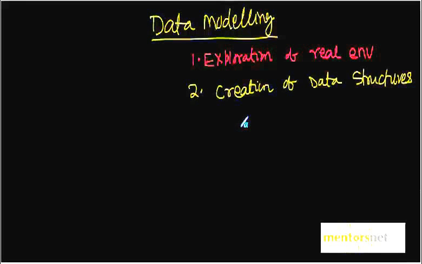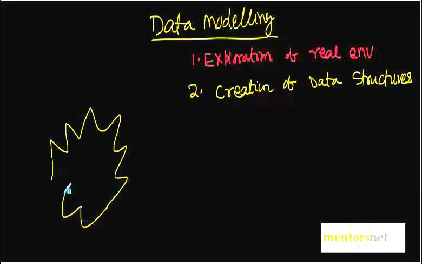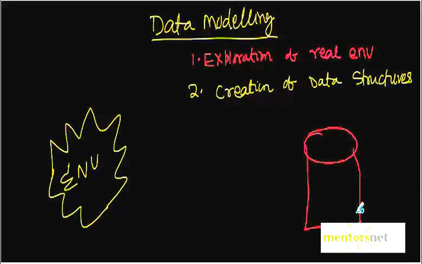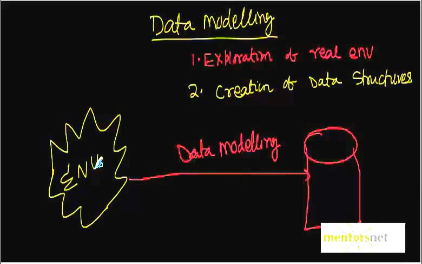Essentially, let's say this is some physical environment, and this is our database. Using data modeling techniques, we pick out the relevant information in this environment and then organize it in a very structured way, which is called a table. Data modeling is the process of doing that.